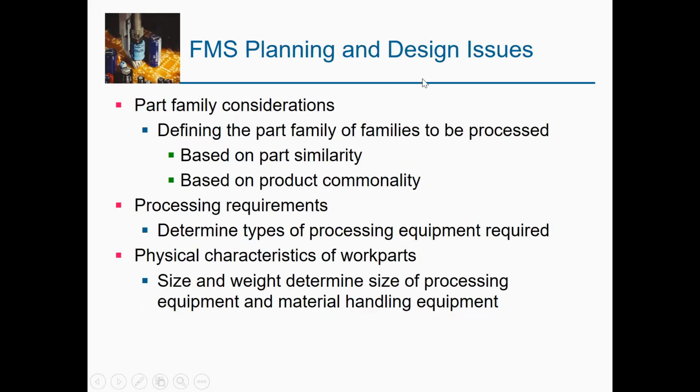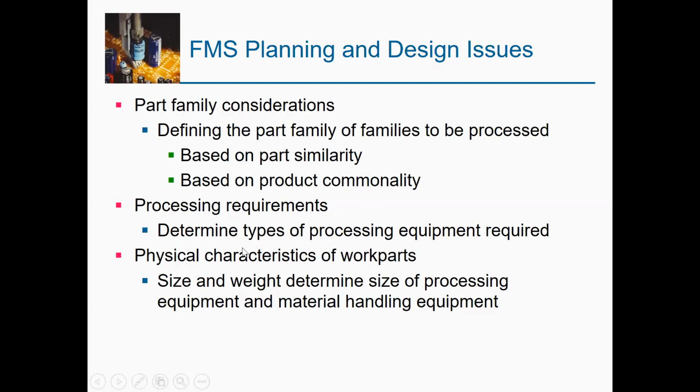FMS planning and design issues are there. First of all, part family considerations. It is based on cellular manufacturing. Define the part families to be processed, based on part similarity and product commonality. Commonality means again the same, common.